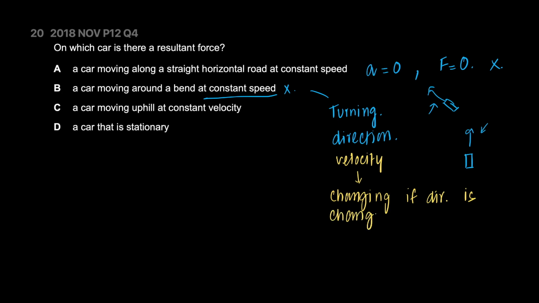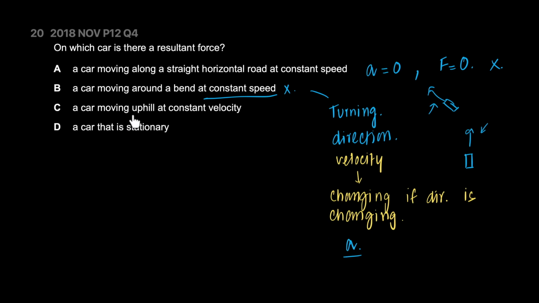And if the velocity is changing, that means, believe it or not, the car is then accelerating, because acceleration is the rate of change of velocity. We did this question earlier about circular motion, or cars in circular motion. We identified the force. That's why the force is in the center. That's where the acceleration is pointing. So this has a force.